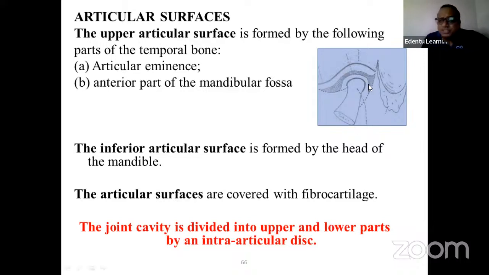When you see this joint, in the central part there is a black color in this diagram, which is called an articular disc. With the help of this articular disc, the whole joint is divided into upper compartment and lower compartment. What you see above is the upper compartment, and what you see below is the lower compartment. So the joint cavity is divided into upper and lower parts by the intra-articular disc. This black color S shape is the intra-articular disc.